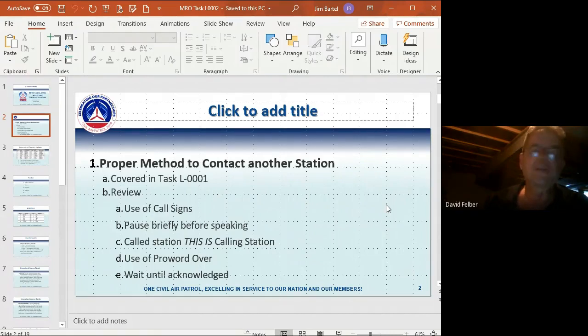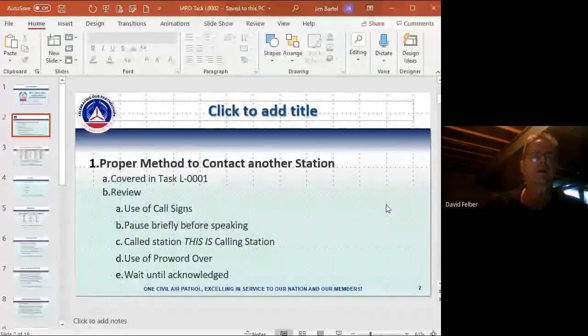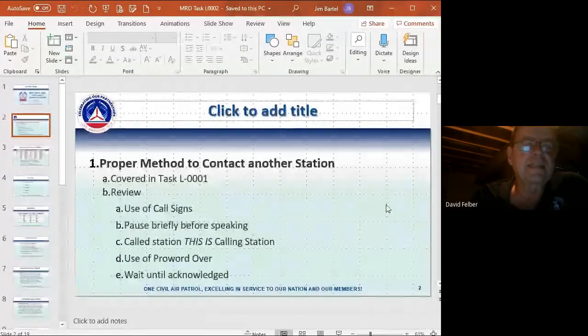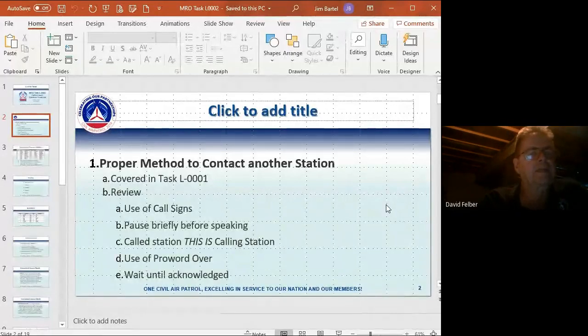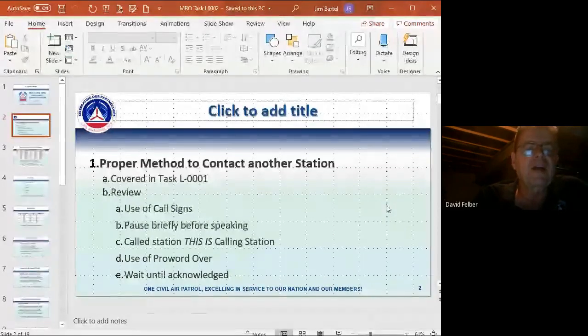Just as a quick review again: use call signs, pause briefly before speaking, the called station, the pro word "this is," and the calling station. An example we used: Red Fox 79, this is Red Fox 98, over. And then I wait until it's acknowledged.